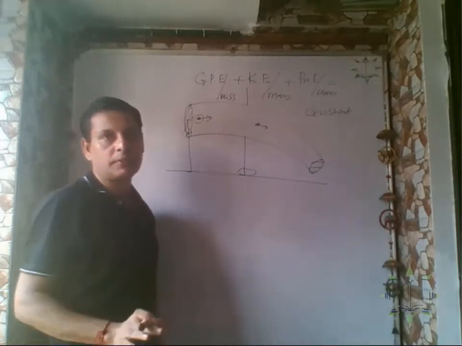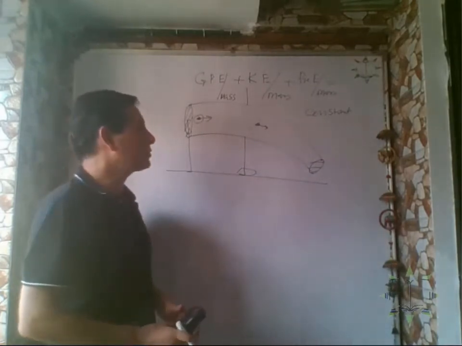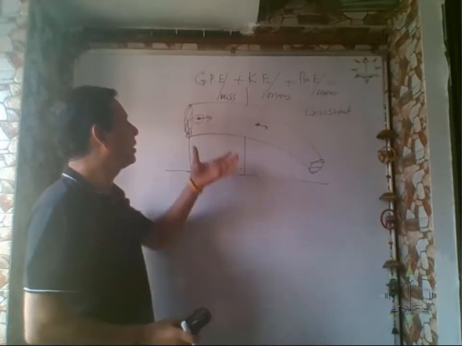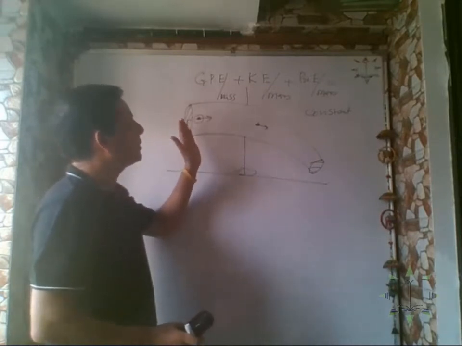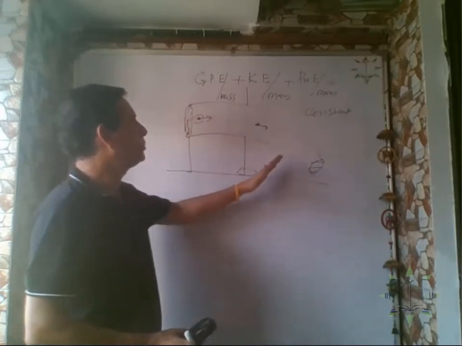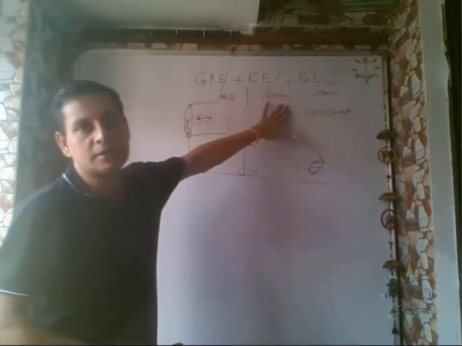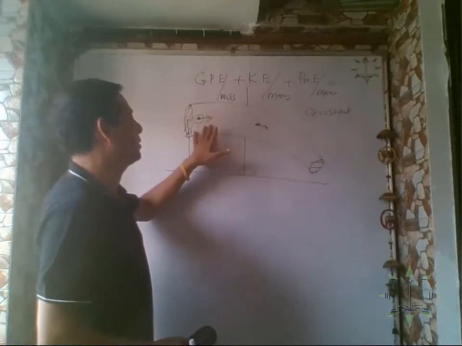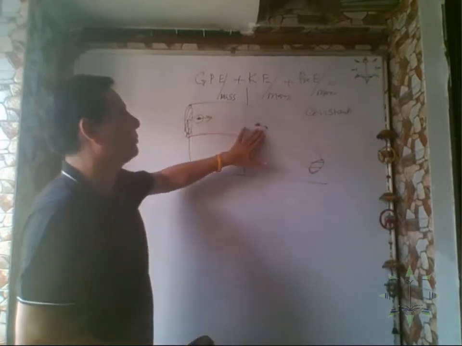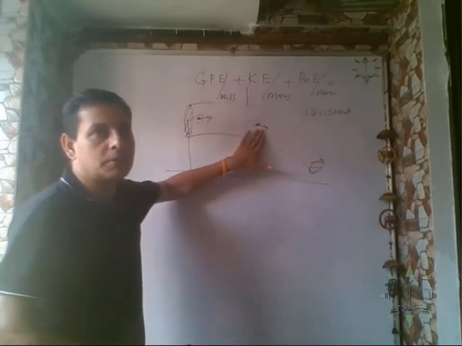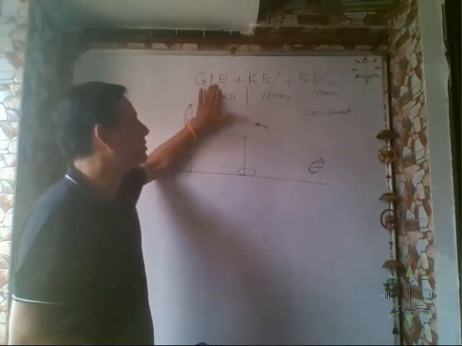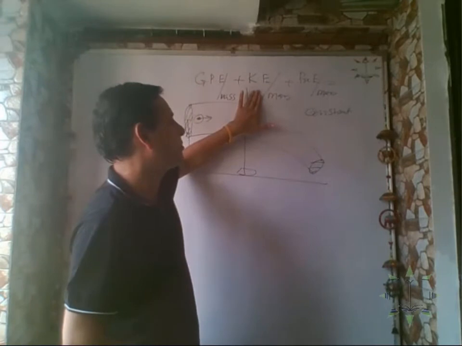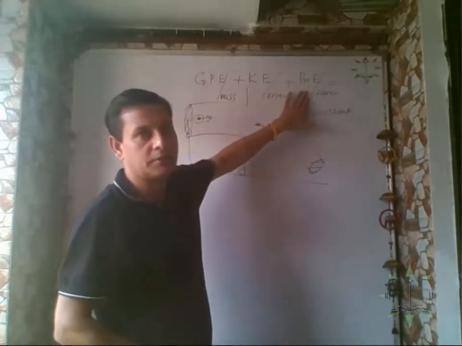Okay. So what is the statement of Bernoulli's theorem? As long as the liquid is flowing in a tube, the sum of the three energies at every point will remain same. What are these energy components? Gravitational potential energy per unit mass, kinetic energy per unit mass, pressure energy per unit mass.